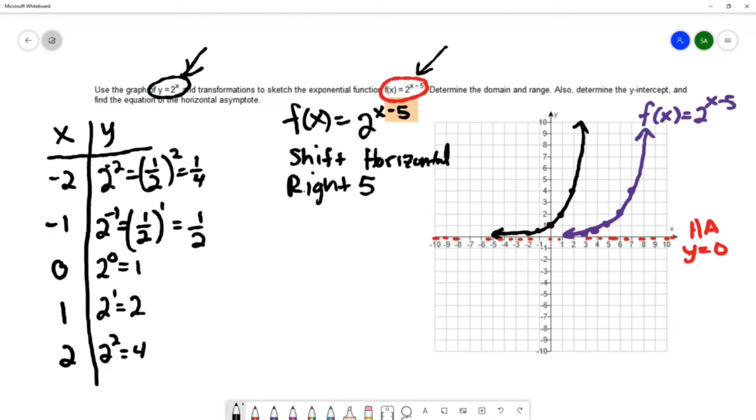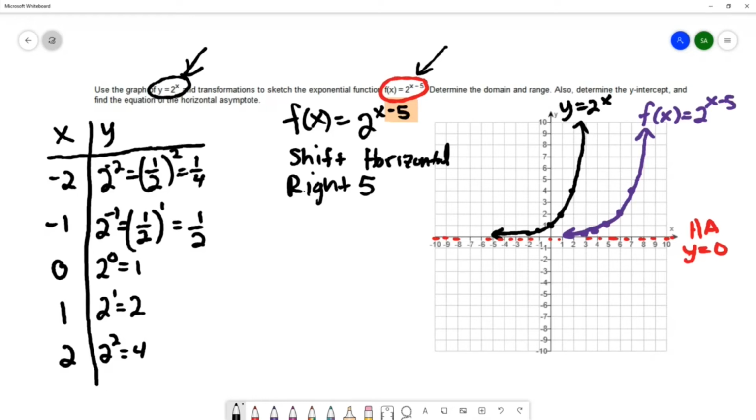And as I said before, the graph in black is y equals 2 to the x. And one of the things that you may need is those ordered pairs. Those ordered pairs on the new graph have shifted right 5, and you'll notice that the y values have stayed the same and only the x values have changed.